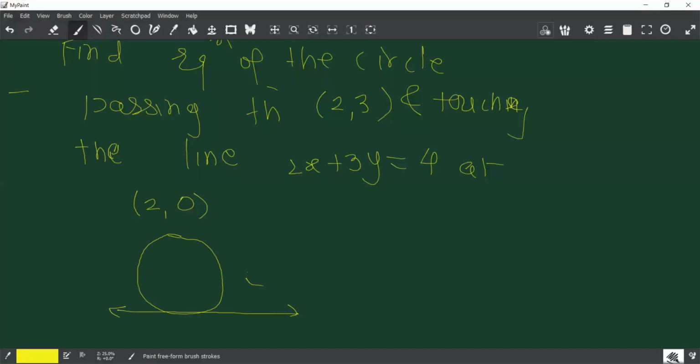The line is given: 2x plus 3y minus 4 is equal to 0. This is touching at 2 comma 0.